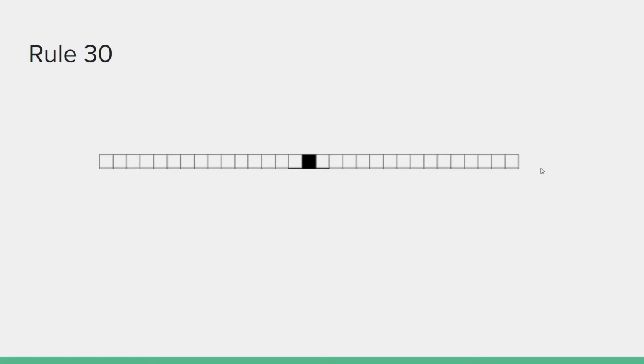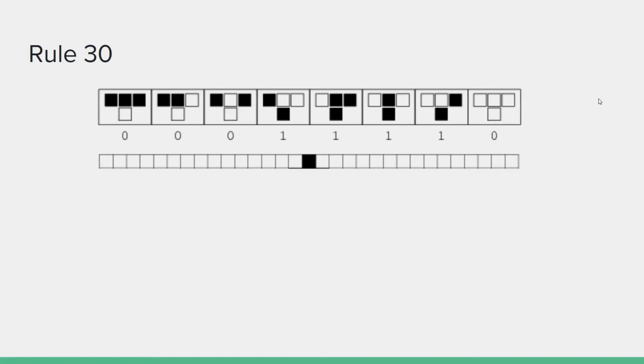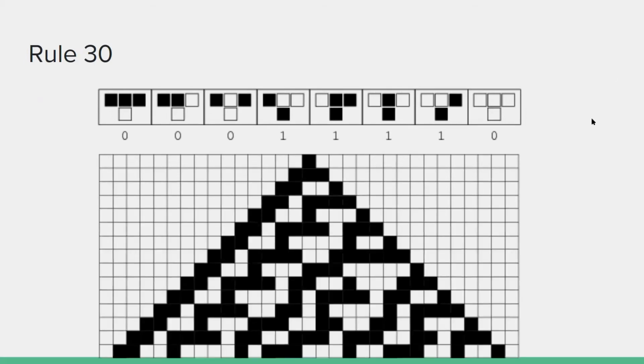Another way to generate random numbers is to use cellular automatons, and one in particular that's really good at generating random numbers is Rule 30. How Rule 30 works is at first you have an infinite row of white blocks, and then you have one black block in between. Then after that, you use a series of simple rules listed above, these 8 possible rules, to generate your diagram row by row until you get the entire diagram.